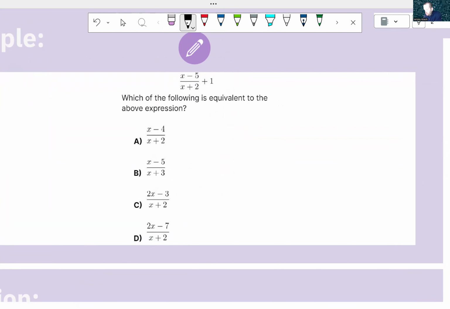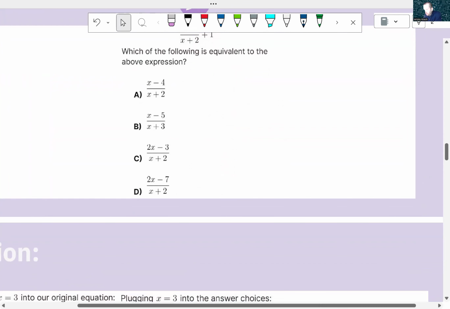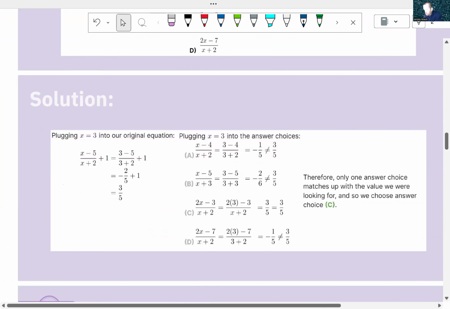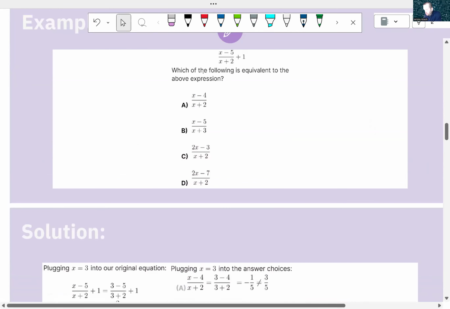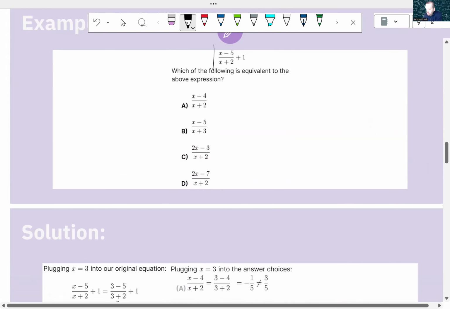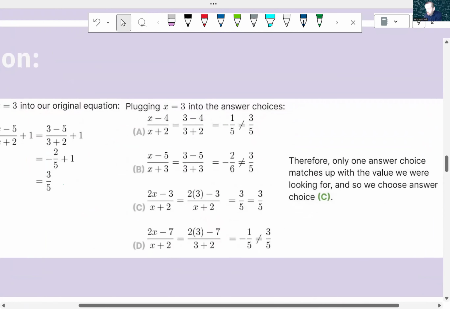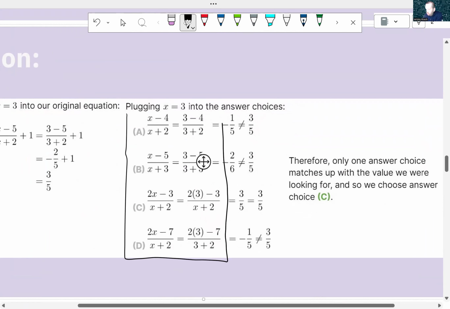Well, we have a lot of different choices here, but first we can set all of these equal to the original expression. So here's our original expression, x minus 5 over x plus 2, plus 1. And we're going to set that equal to each of the answer choices. And that's what we have here so far before we plug in any values at all.